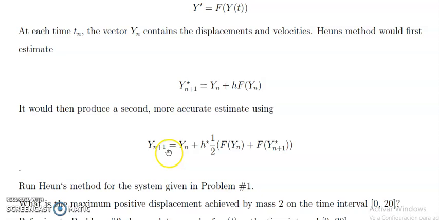The real solution in the method of Heun is to calculate Y at step n plus 1 equal to Y at step n plus h multiplied by 1/2 times the function, the vector, evaluated at step n plus the function evaluated at step n plus 1, which is this one.